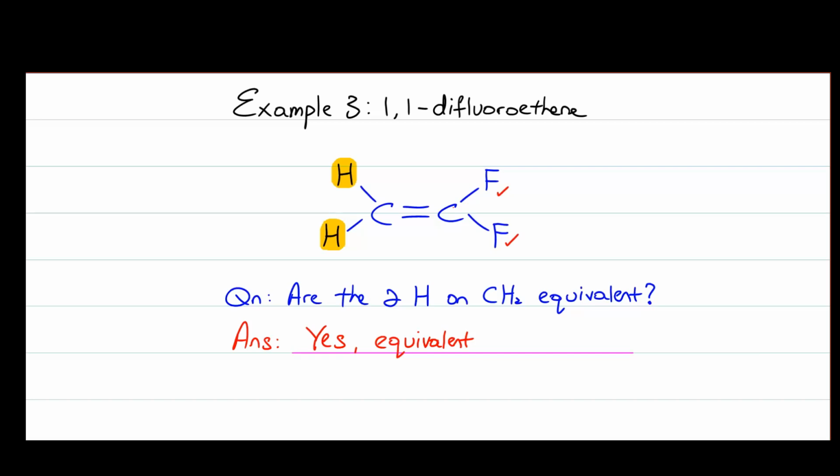That's because the other alkene carbon is symmetrical. The carbon across the double bond has 2 identical groups, so the cis-trans comparison does not create 2 different environments here.